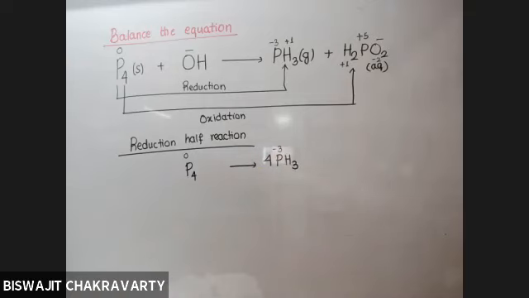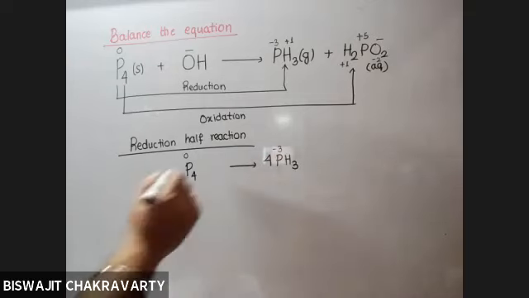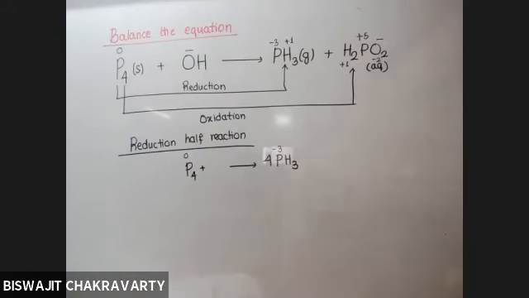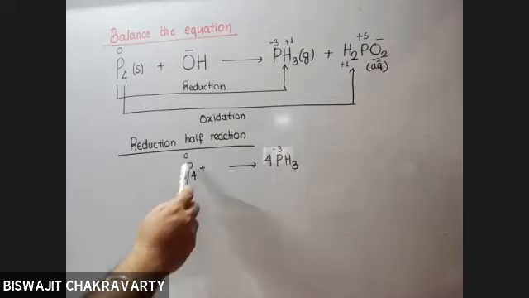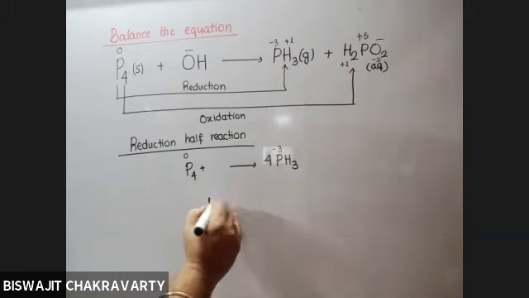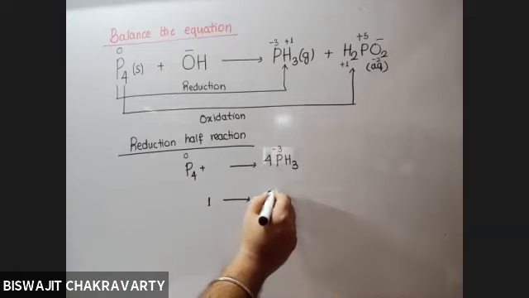Now tell me how many electrons I am supposed to put here so that both sides balance. So 12. 0 is changing to -3 for a single phosphorus, so for one phosphorus 3 electrons change.